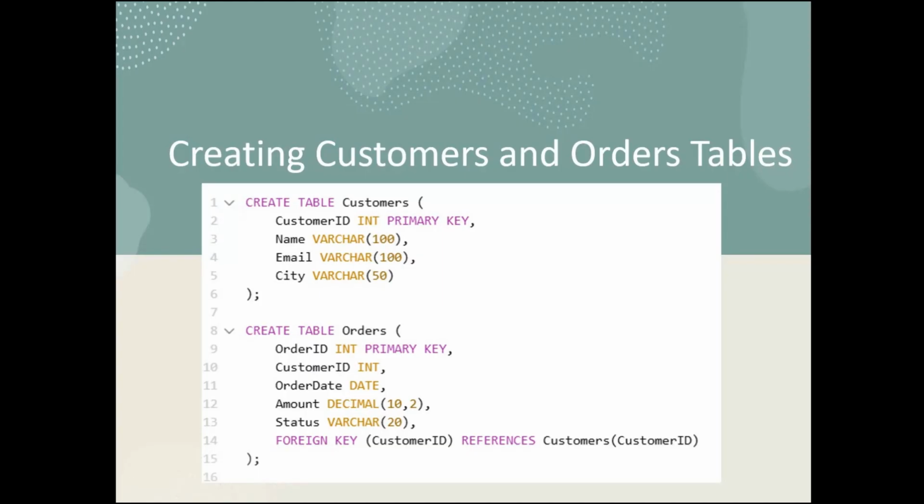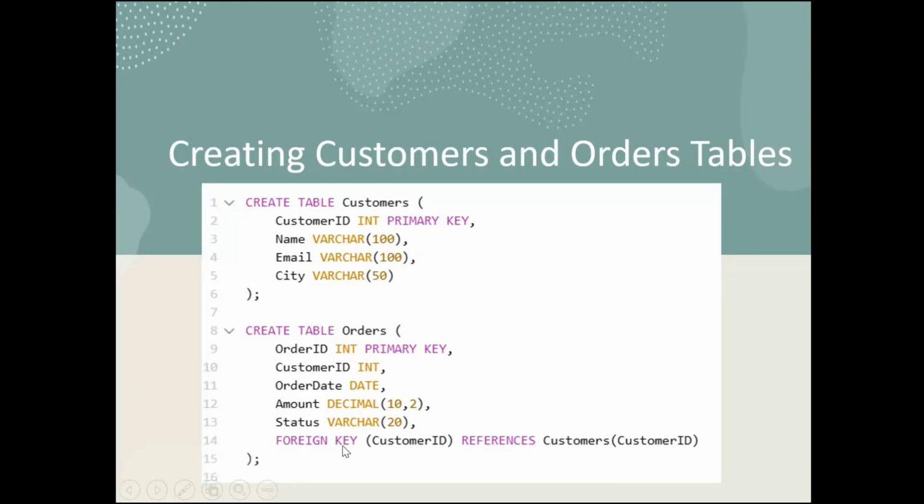So it's a one-to-many relationship, because we have added the foreign key without a unique key. The orders table is the many table, and the customers table is the one table. One customer can make many orders, but one order can be made by only one customer.